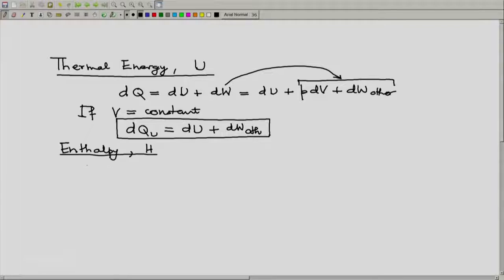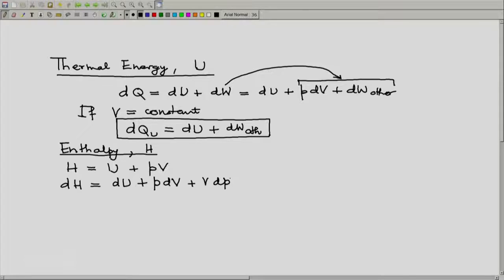We have H equal to U plus PV. Let us expand it. The differential of H, dH, is dU plus PdV plus VdP.